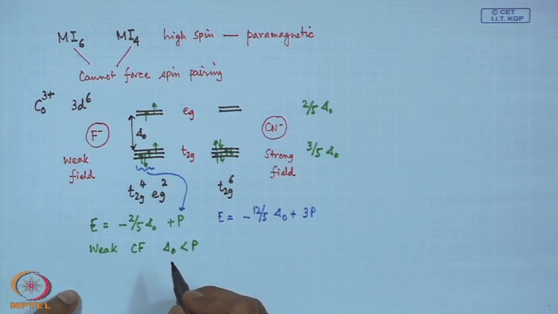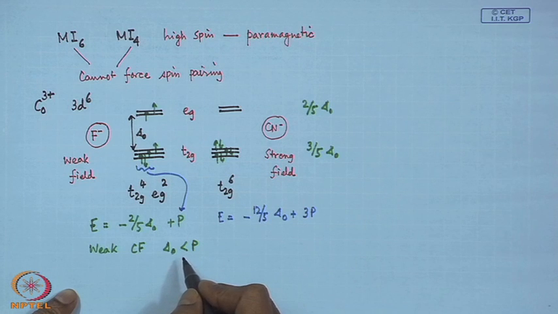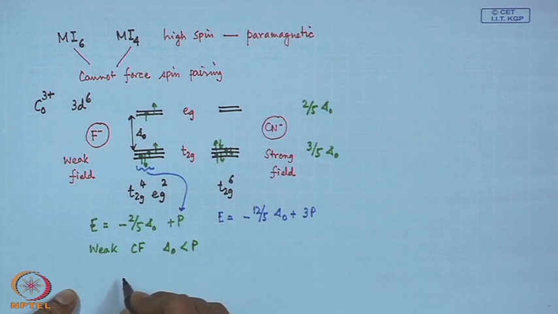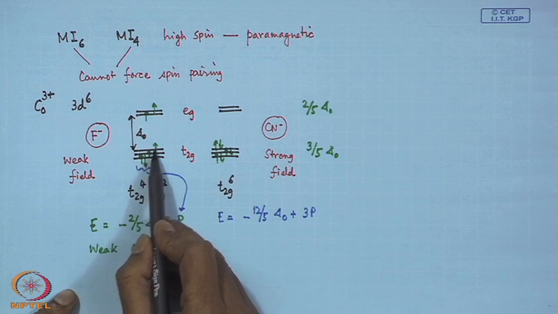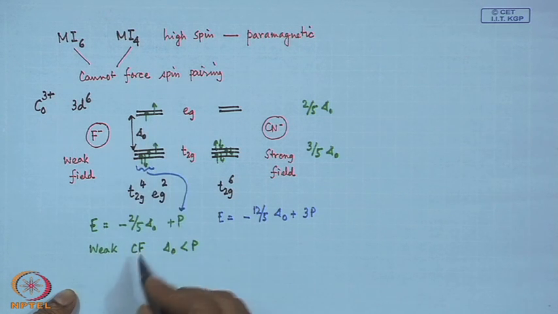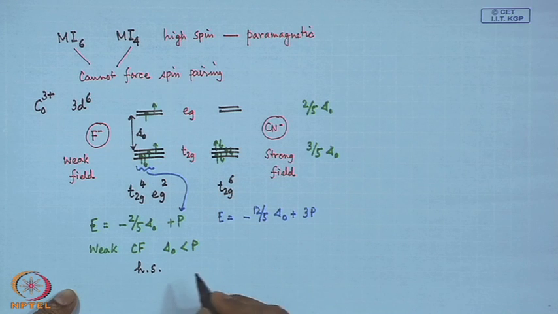Delta O is very small compared to the pairing energy, so we will have less pairing and we get high spin complexes having 4 unpaired electrons.